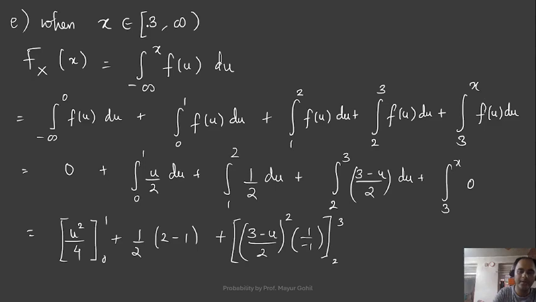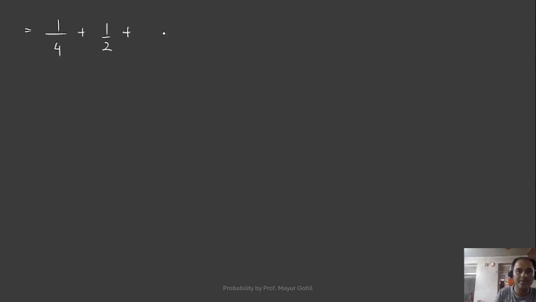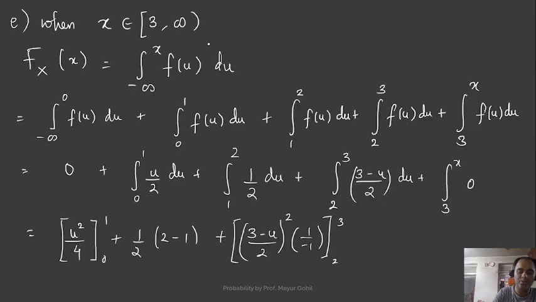And then when you integrate, it's 1 over 4, 1 by 2, and for the upper integral you can keep a minus sign outside and then solve this integral.